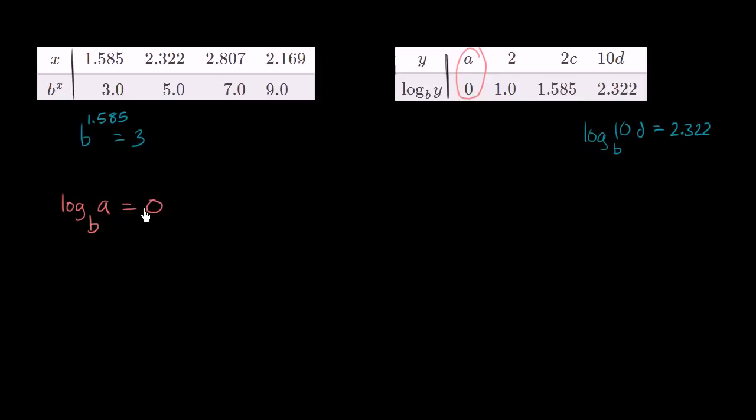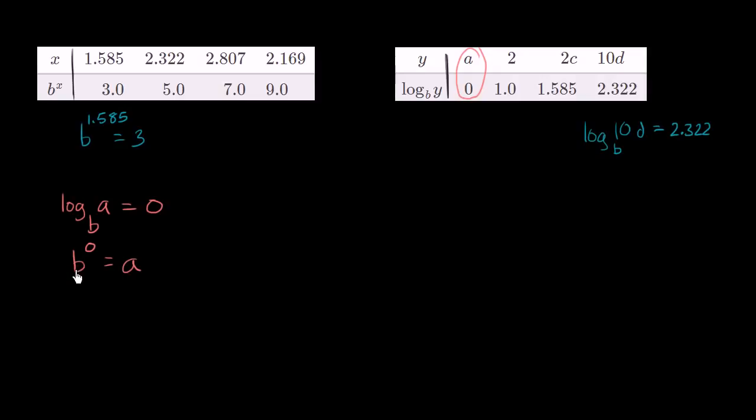Now this is an equivalent statement to saying that b to the 0 power is equal to a. This is saying, what exponent do I need to raise b to get a? Well, you raise it to the 0th power. Now, what is anything to the 0 power, assuming that it's not 0?